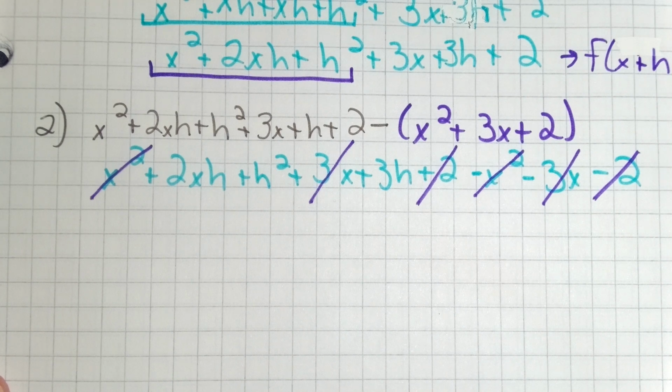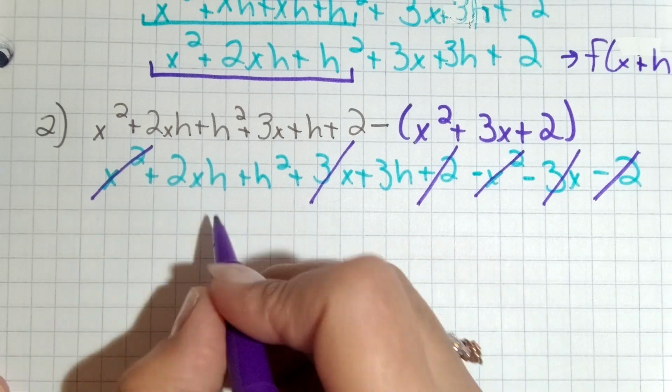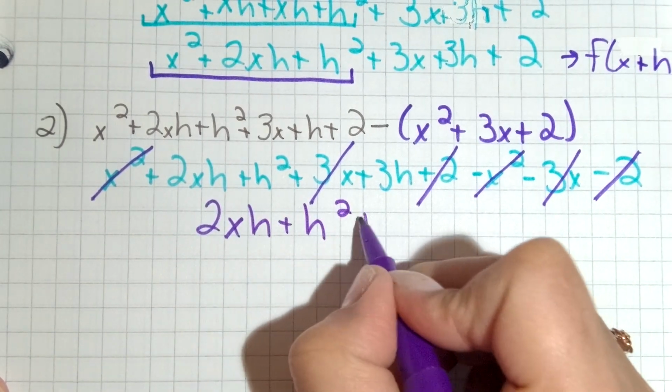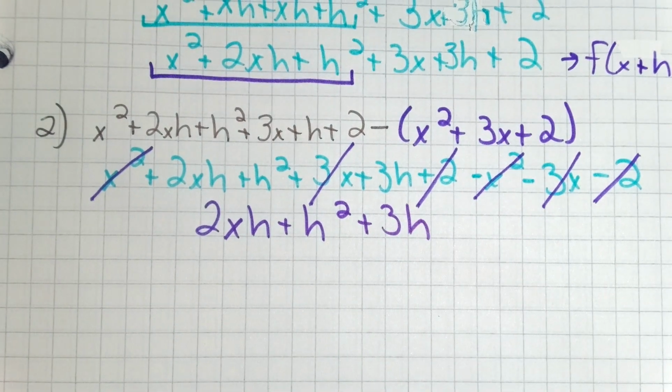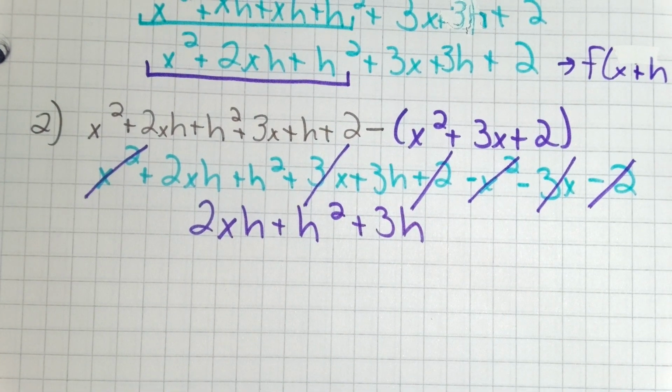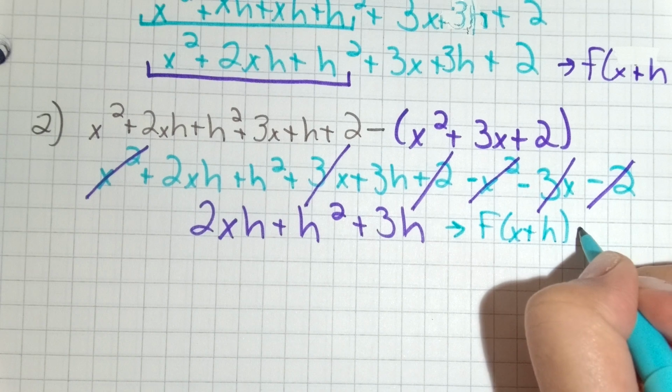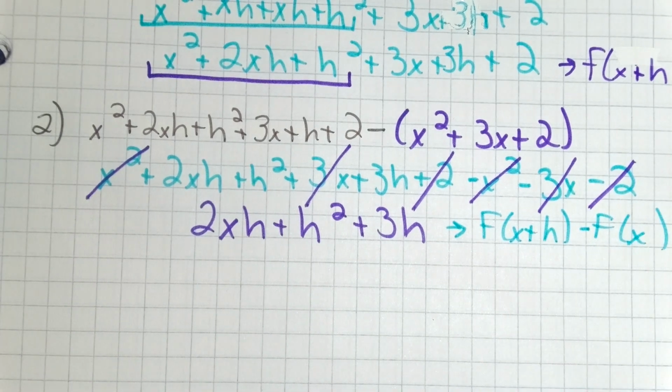Question? So I'm going to bring down what's left over, 2xh plus h squared plus 3h. So now this is f of x plus h minus f of x.